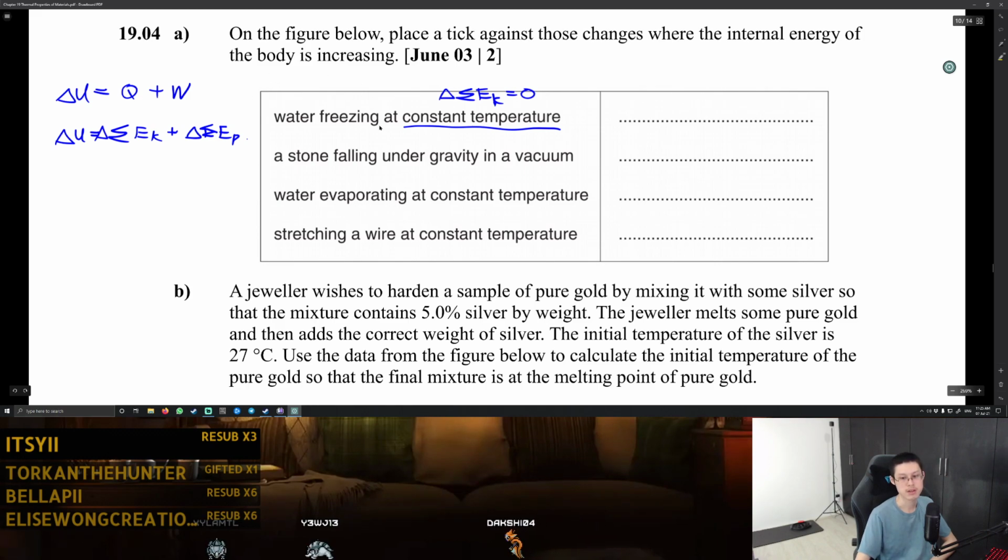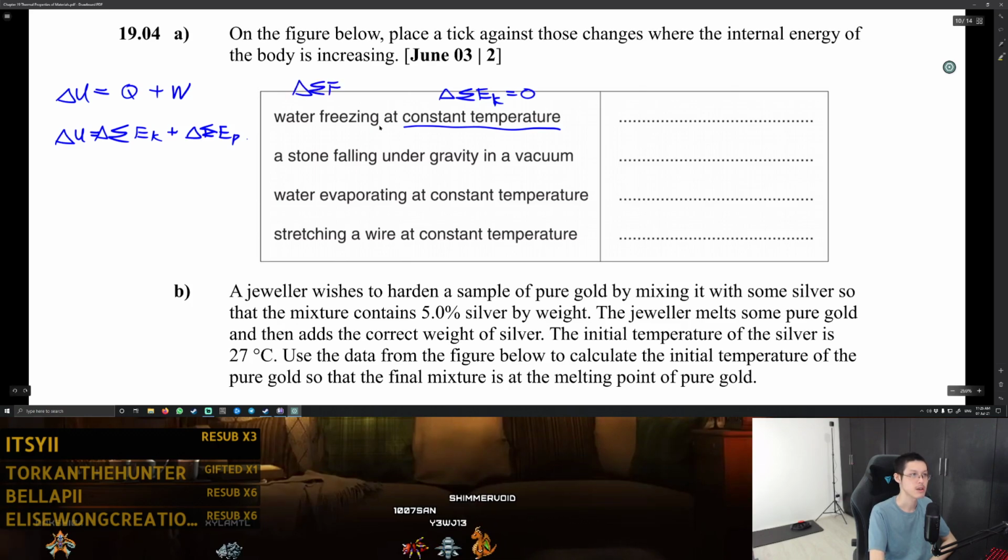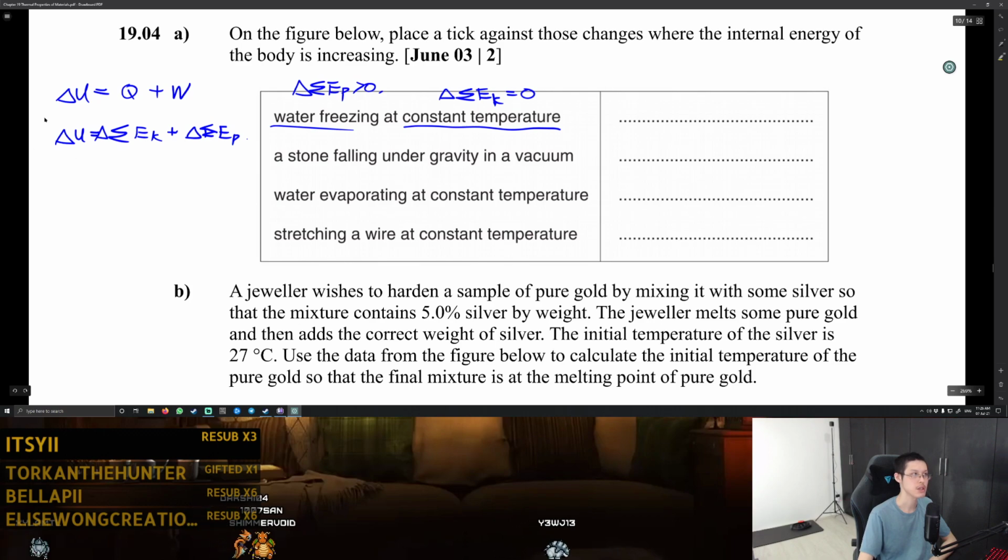If you're going from liquid to solid, normally the average separation would decrease, right? Because solids are denser. But water is a bit different because ice floats on liquid water. Ice is solid water, so ice is actually less dense than water. So the average separation actually increases. So the change in EP should be positive. If you use these two facts and put them into this second equation here, you see that the change in the internal energy would be increasing.